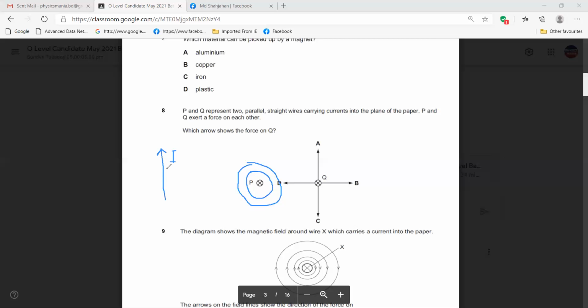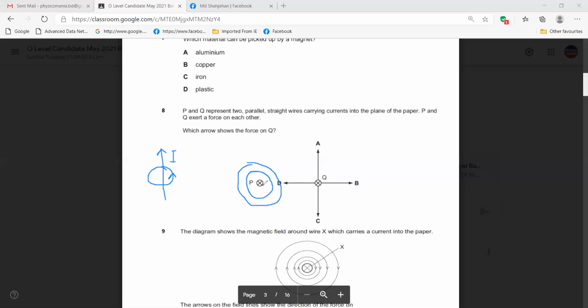If your thumb is going upwards, then your other fingers are showing you anti-clockwise direction, right? Yes, sir. So that one is a magnetic field, anti-clockwise. Is it clear? I'm showing you only one field line. This way there are lots of field lines. So it is a right hand grip rule and we are applying the right hand grip rule.